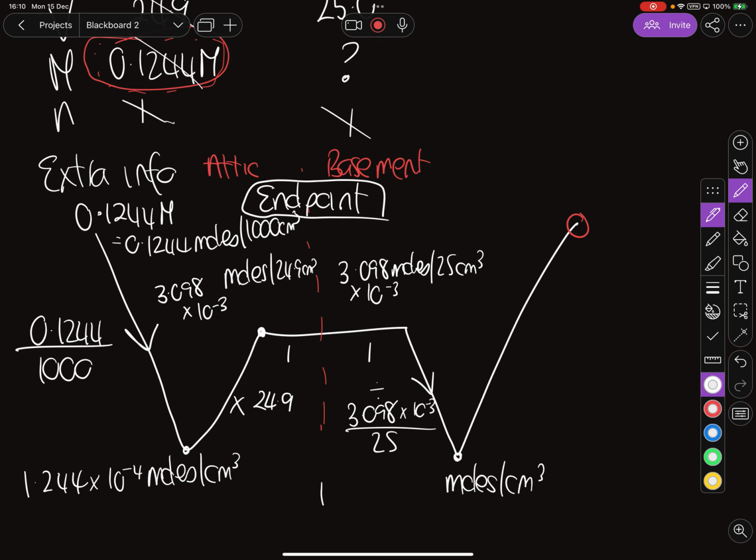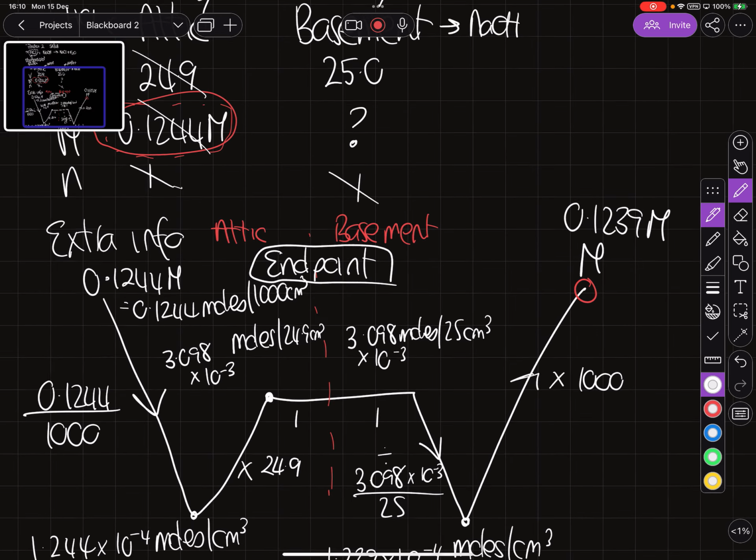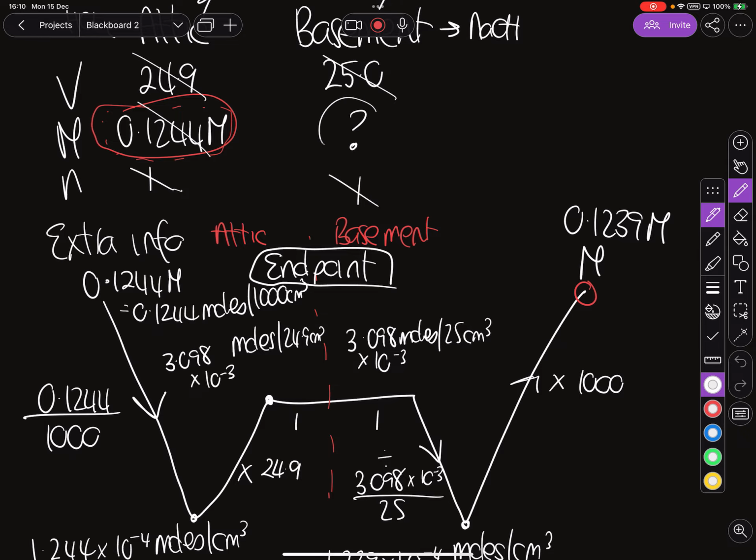When I do that, I get 1.239 by 10 to the minus 4 moles. I want to get back up here to my big M value. When we go up, it's a multiplication, and we go from moles per centimeter cubed to moles per litre. I multiply by 1,000, and I will get 0.1239 big M. So I've used all of these numbers, and I have found out what my question mark is.